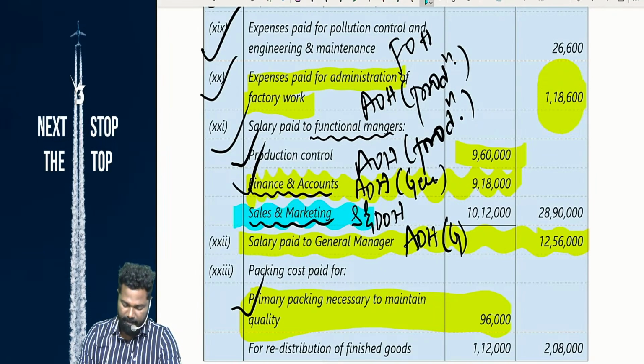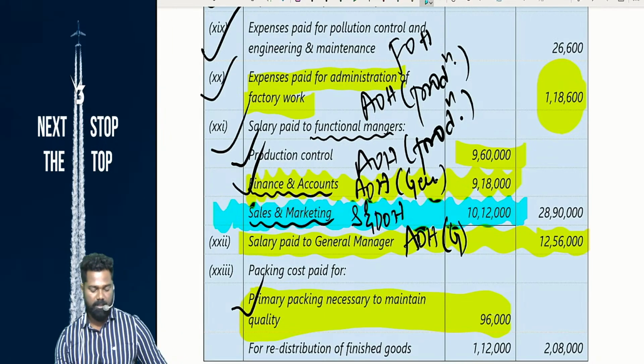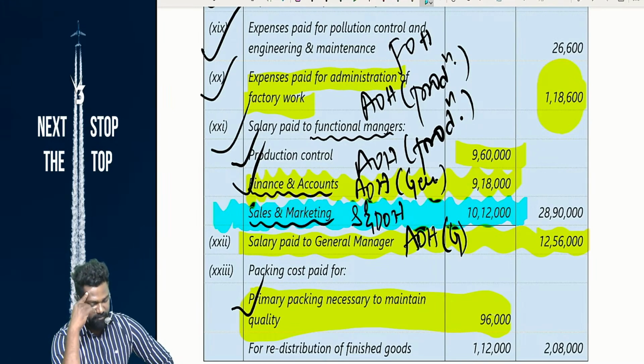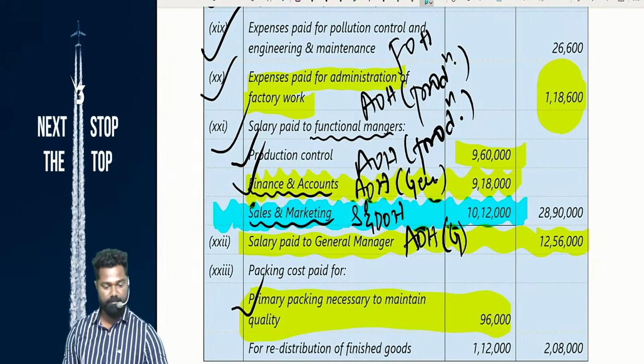Sales and marketing. Salary paid to functional manager, sales and marketing. How much is that? 10 lakhs 12,000. Clear?